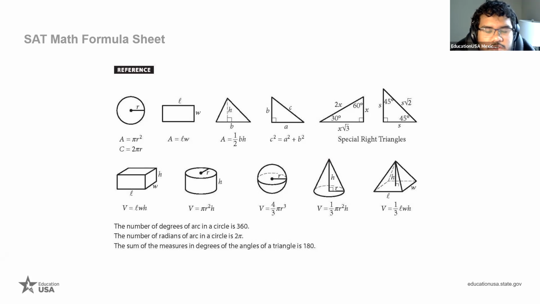And lastly, it has some additional properties to know, like the number of degrees of arc in a circle is 360, which means this rotation here around a circle constitutes 360 degrees. If you can see where my mouse is, given its current position, the angle it would make here is 90, and this would be 180, this would be 270, and that's 360.